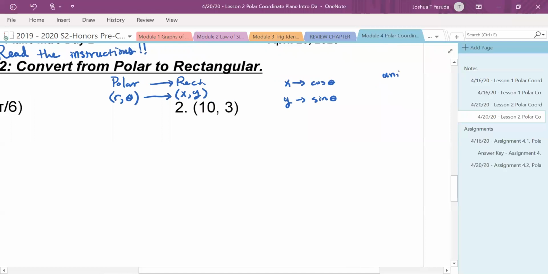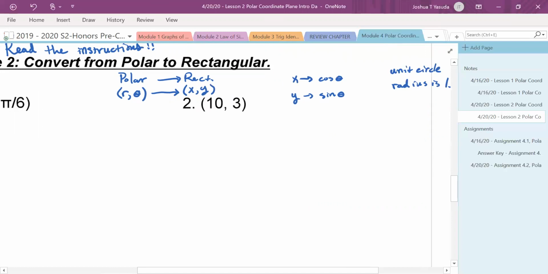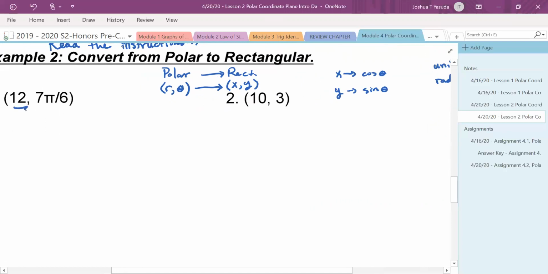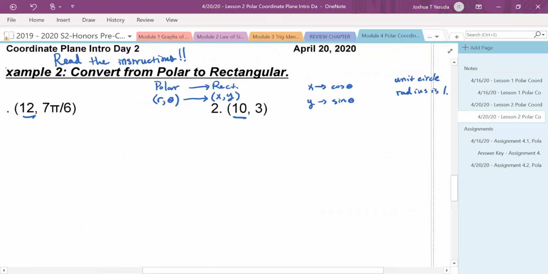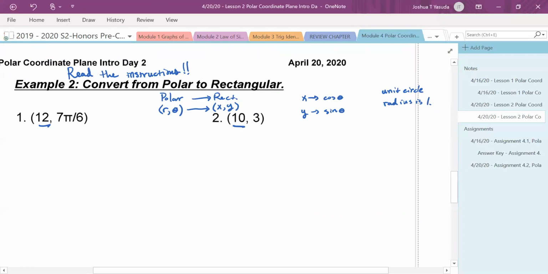Remember, a unit circle means that the radius is 1. But if the radius changes, like here the radius is 12, over here the radius is 10, how could you get the x value? Well, it's just a scalar.